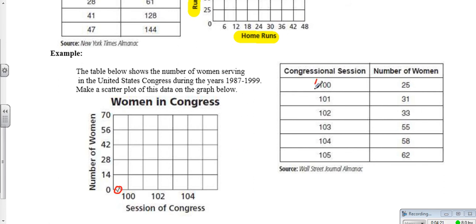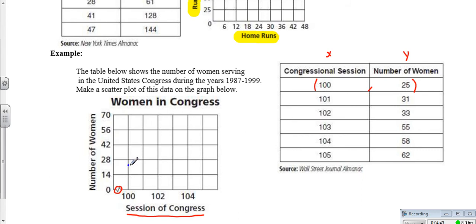So again, we graph these as coordinates. Now the x-axis is sessions of Congress, so that's why the first column is x, and this is y. We look for the relationship, so we would plot 100 and then 25, which would be about here.